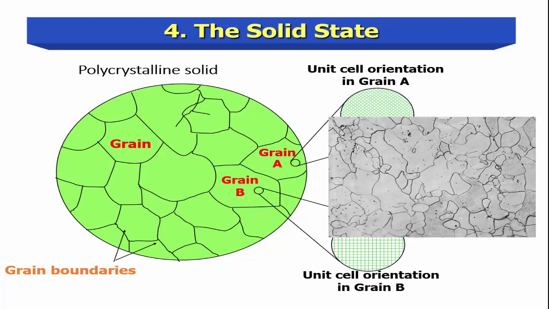Here is another example of a polycrystalline solid. Here are the grain boundaries, and this is the unit cell orientation in grain A, and this is the unit cell orientation in grain B.